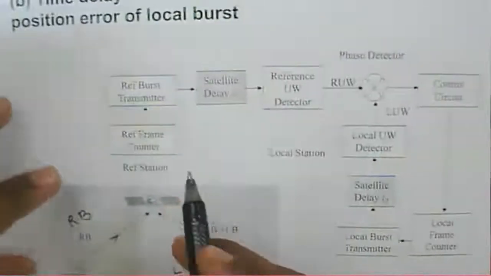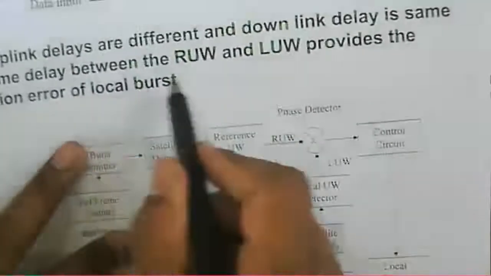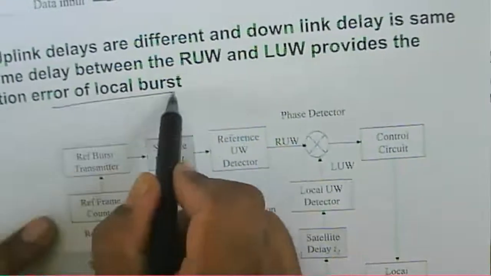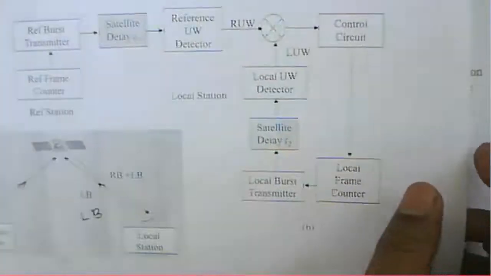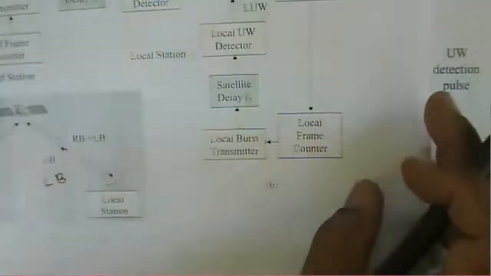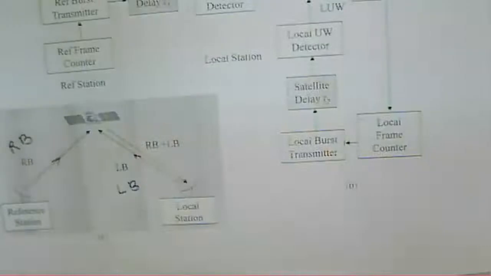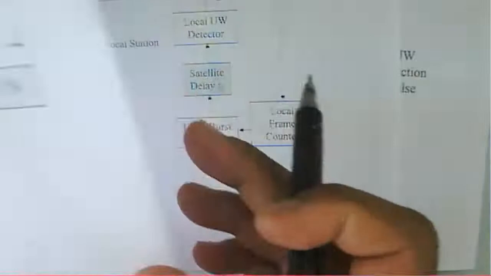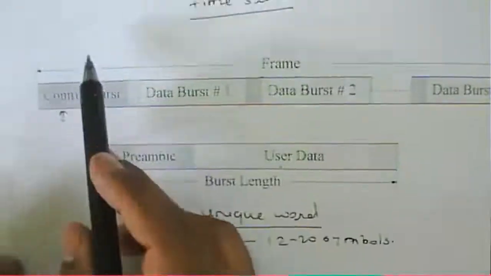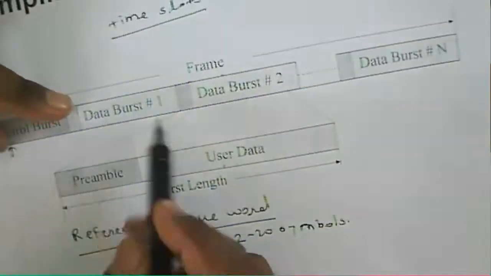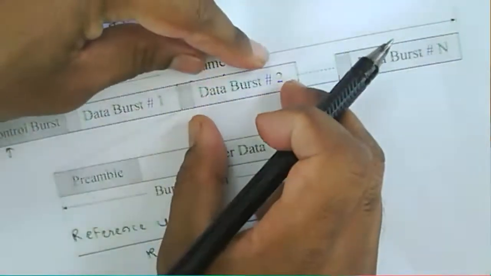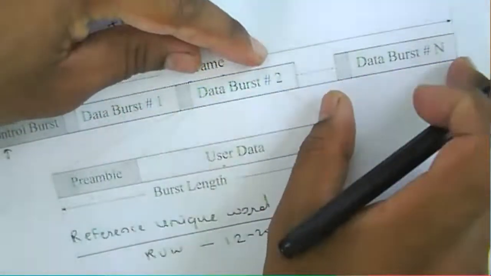So now, the time delay between the REW and LEW will provide the position error of the local bus. Wherever the position is for a given local bus, it can be corrected using the RUW and LUW bus. So in a TDMA frame structure, we have a control bus, data bus 1 for station 1, data bus 2 for station 2, data bus n for station n.